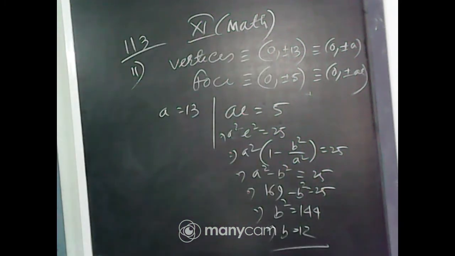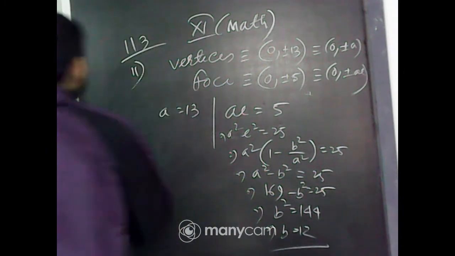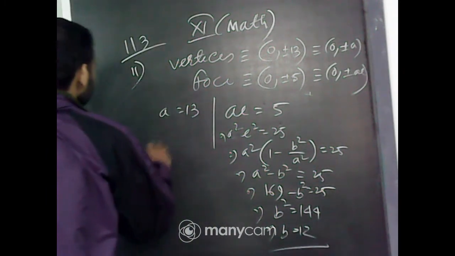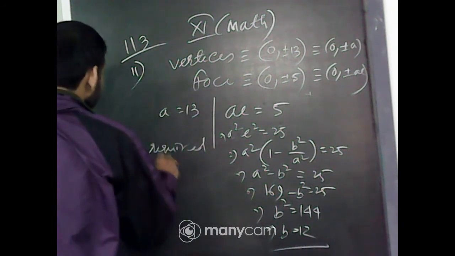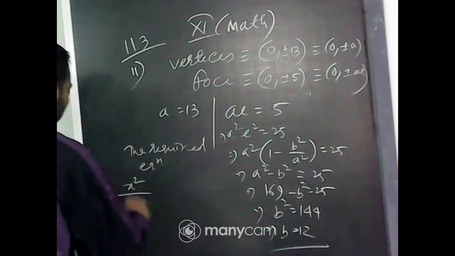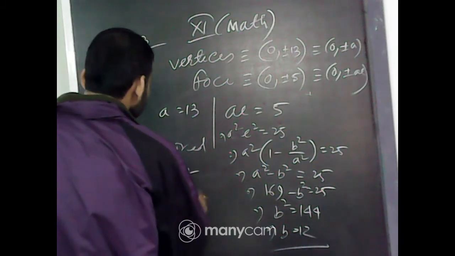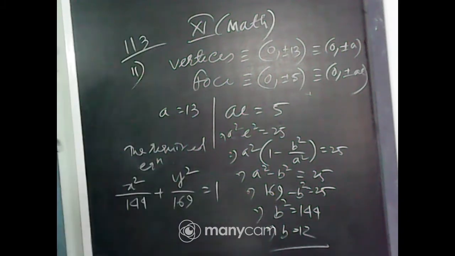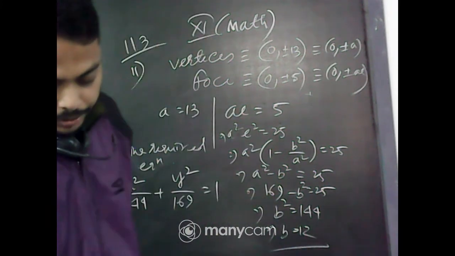Therefore, the required equation is x square by 144 plus y square by 169 equals to 1.